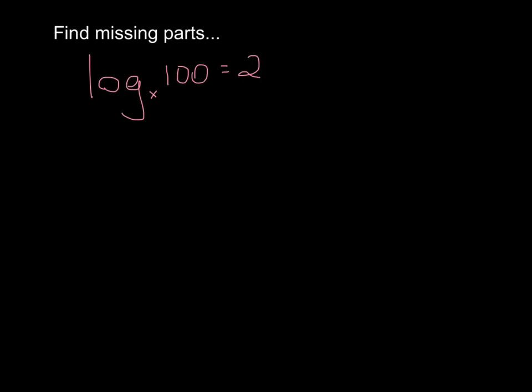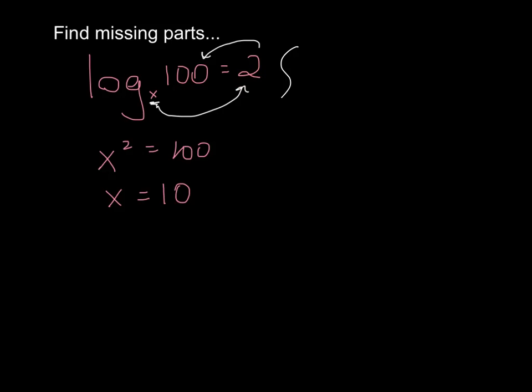So we treat this the same way. We'll write this in exponential form. We start with the base, x squared is equal to 100. So we know that x must be equal to 10, which makes sense because 10 squared equals 100.